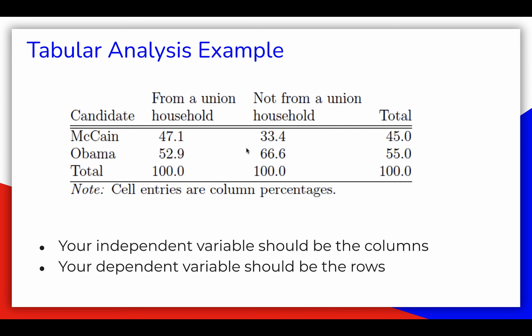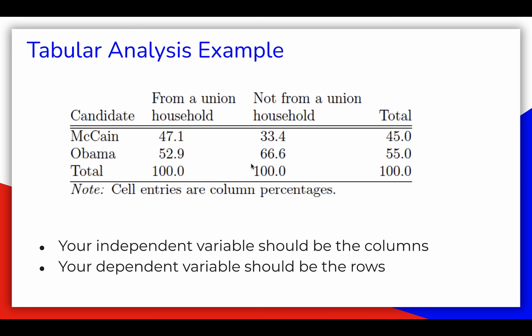The next step we would see is if there are any general patterns. So from a union household, they are tending to vote a little bit more for Obama by about 5 percentage points compared to McCain in the 2008 election. Not from a union household, about 66% of people are voting for Obama and 33% are voting for McCain.